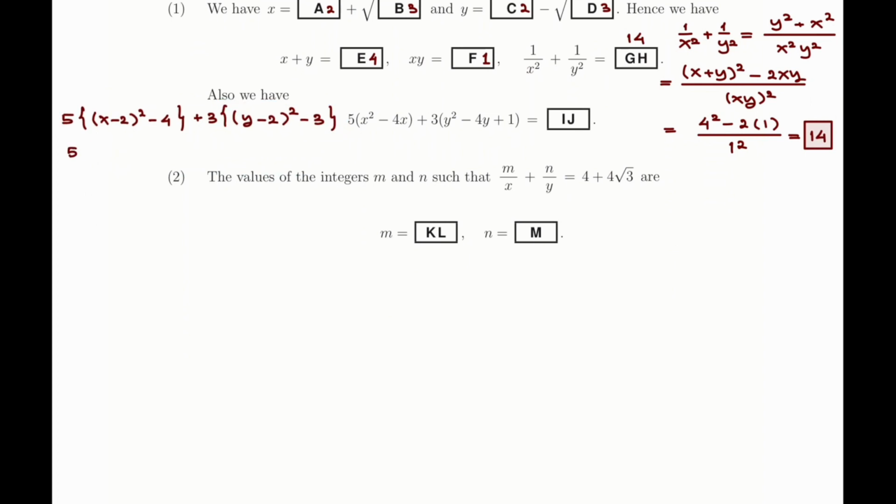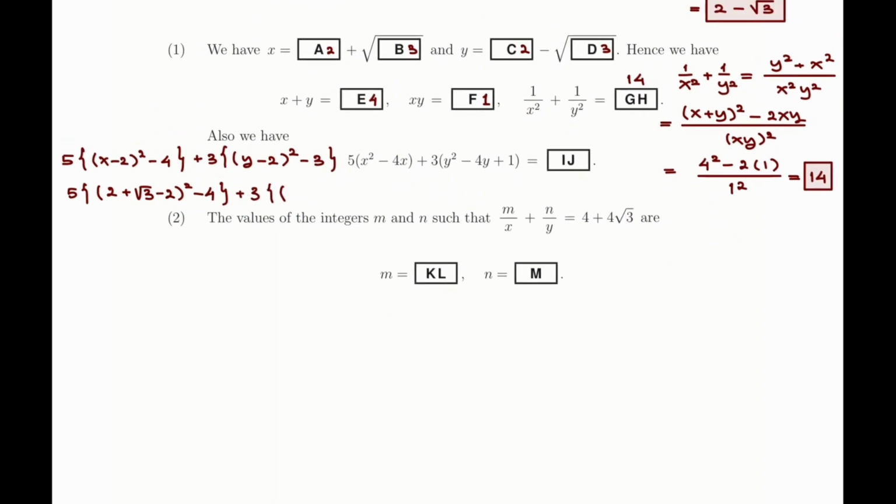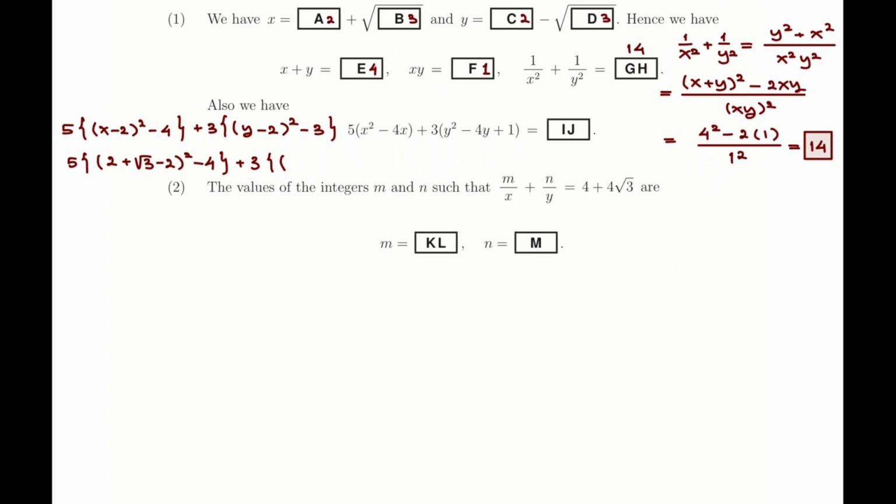So I will get 5 times ((2 plus square root of 3 minus 2) squared minus 4) plus 3 times ((2 minus square root of 3 minus 2) squared minus 3).